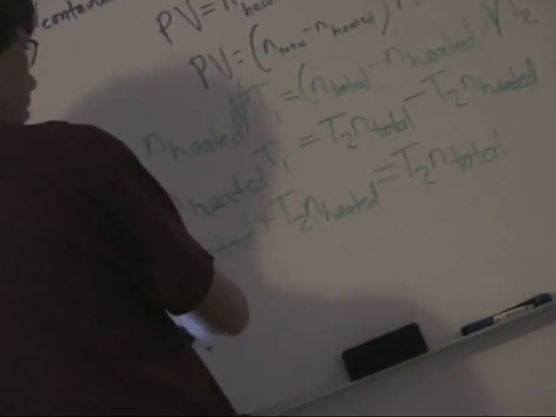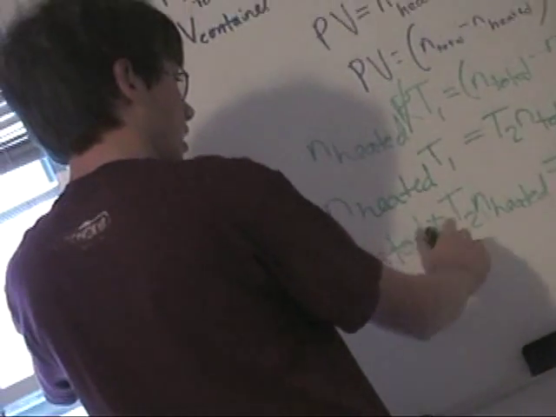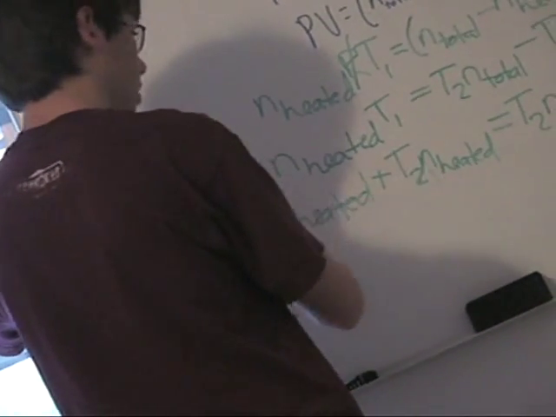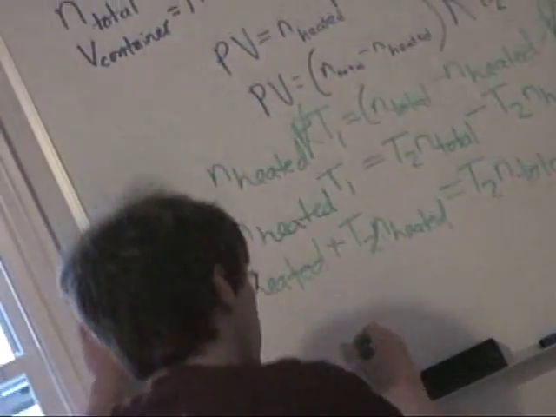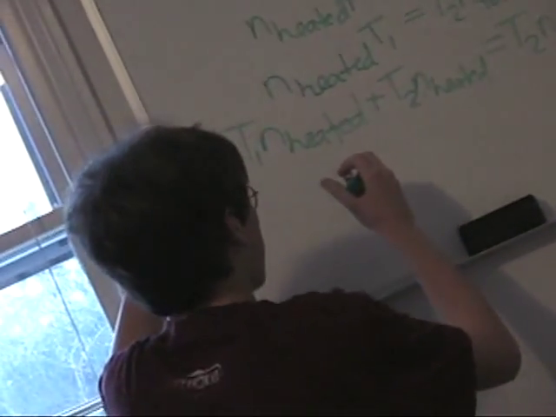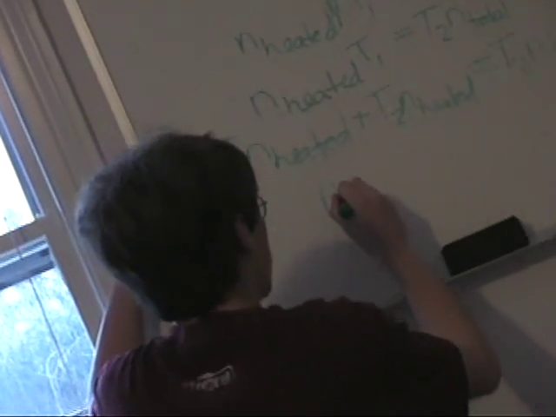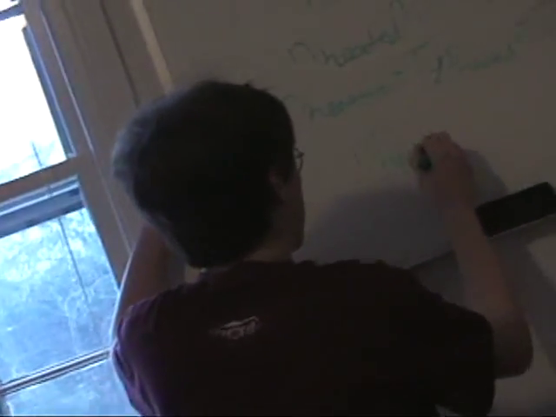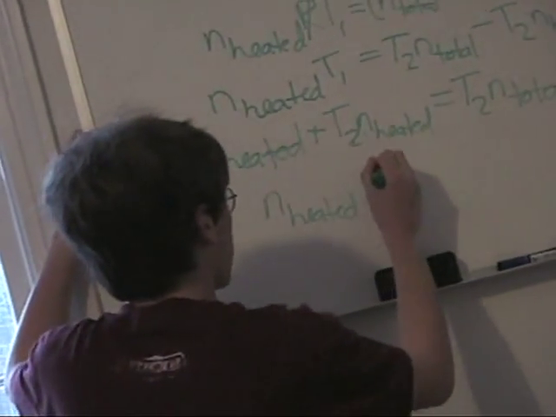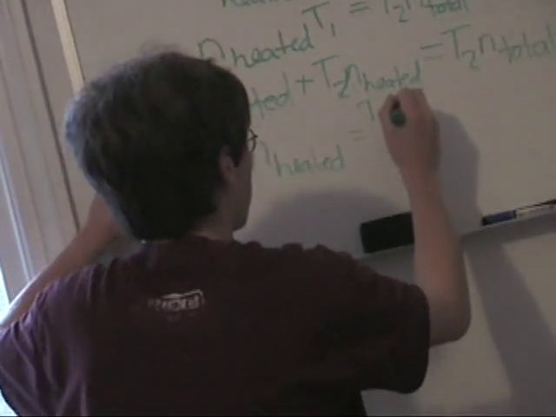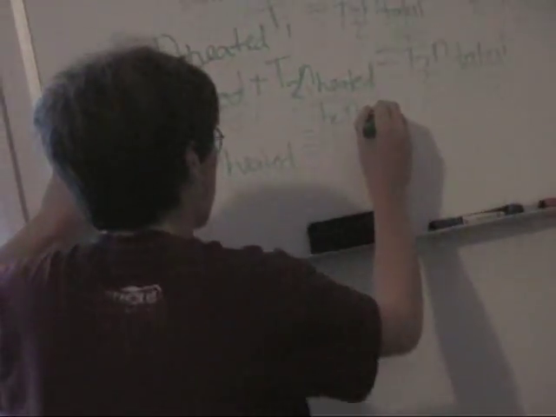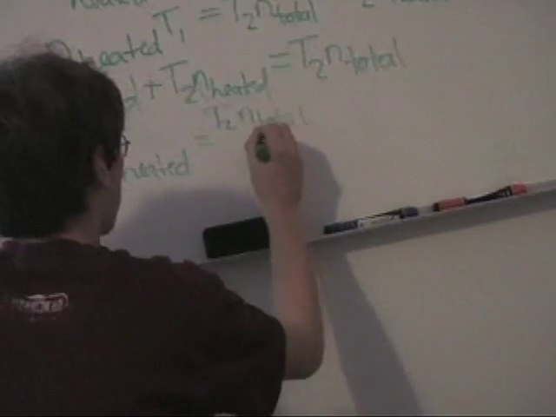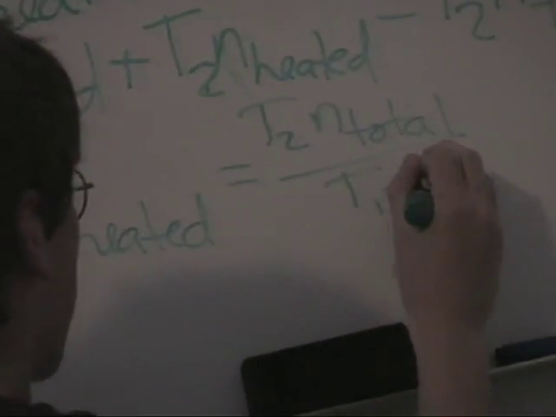Since this equals N heated times the quantity T1 plus T2, we can divide both sides by T1 plus T2, and we find that N heated equals T2 N total over T1 plus T2.